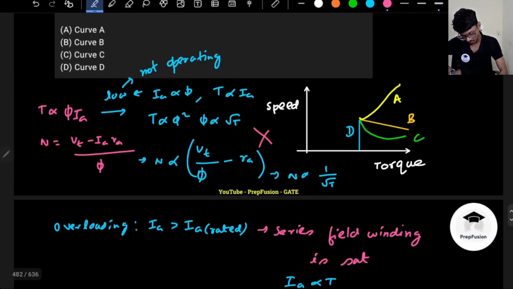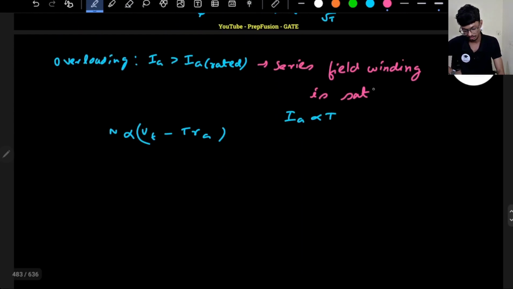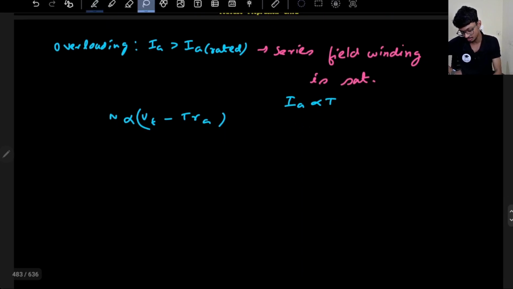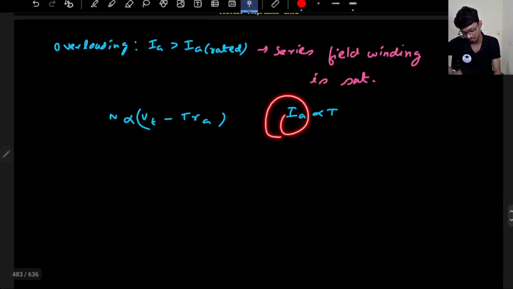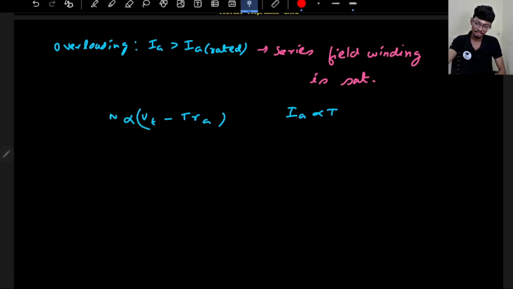So if you did this analysis, you are wrong. If you thought that C will be the correct answer, then you are absolutely wrong, because read the question. The series field is already in saturation, so my current will be directly proportional to torque. So my speed will just be a linear relationship with negative slope.